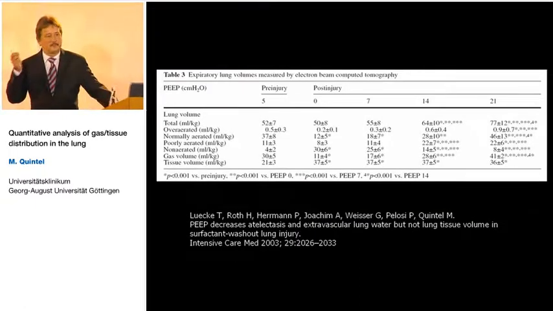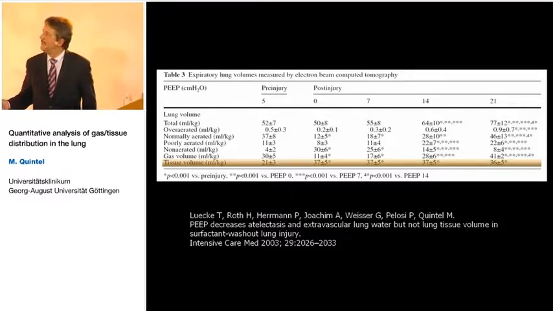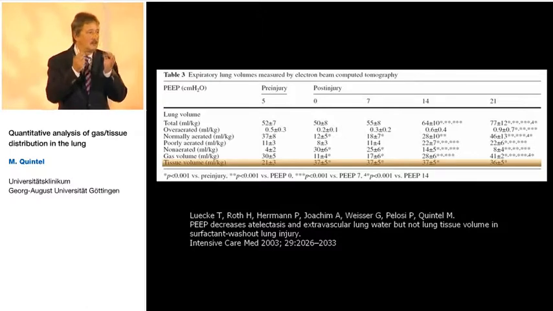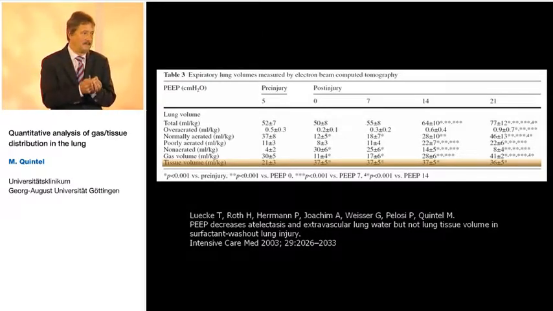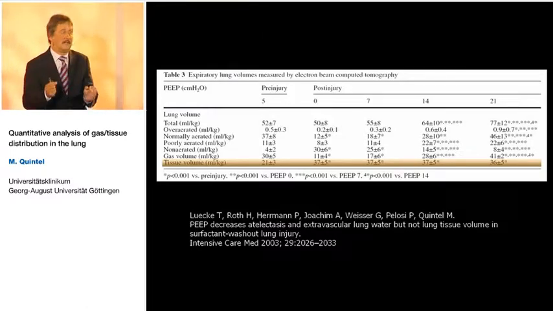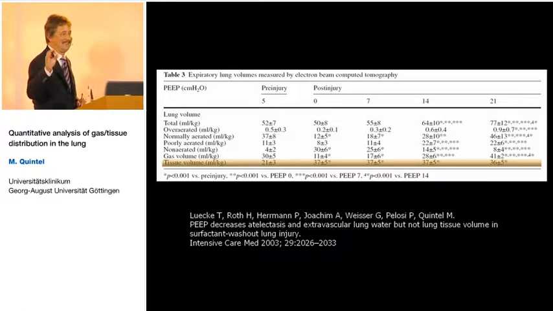And now the most important information if we talk about extravascular lung water measurement. Here you can see tissue volume, and this is consolidated lung area. You find no correlation at all between extravascular lung water changes and consolidated areas, which means this technique does not at all allow you to draw any conclusions about consolidated lung areas.